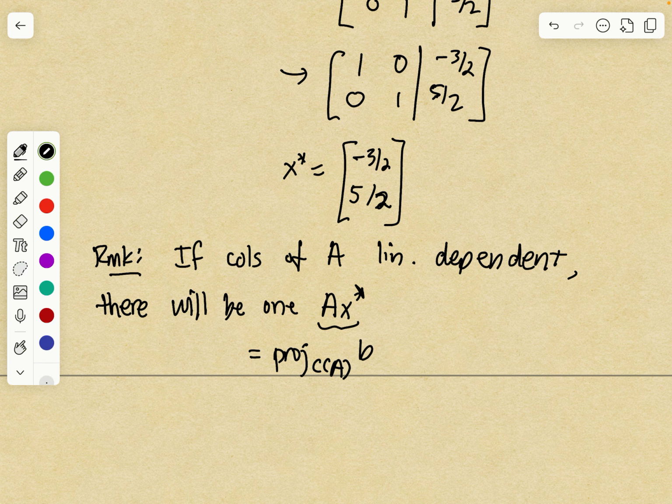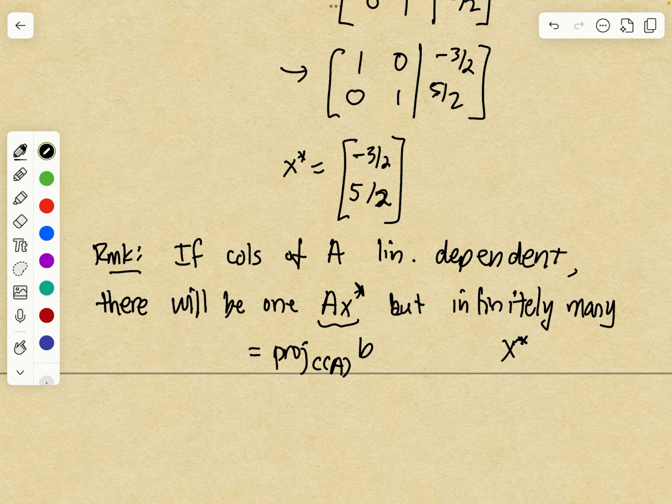So there will be infinitely many x stars that work. And those would all be called least square solutions. And there's more to say about that, because now you can think about, out of all the possible x stars, which one is the quote-unquote best x star? Which one of those has the smallest length?